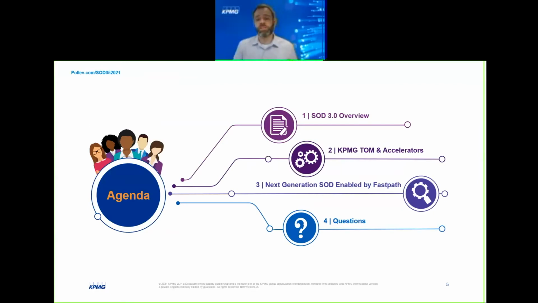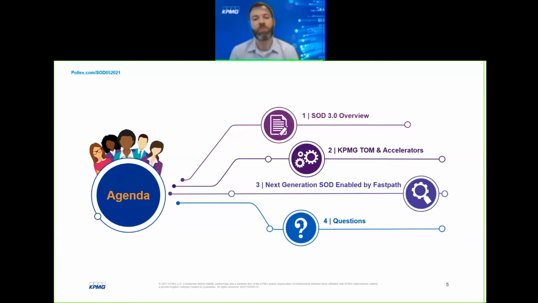So just for an agenda that we're going to try to get to in the next 26 minutes, what we're here to talk about today is SOD, or separation of duties, and how that's evolved over the years. We're calling this SOD 3.0, next generation separation of duties. We'll give you an overview of what that is.